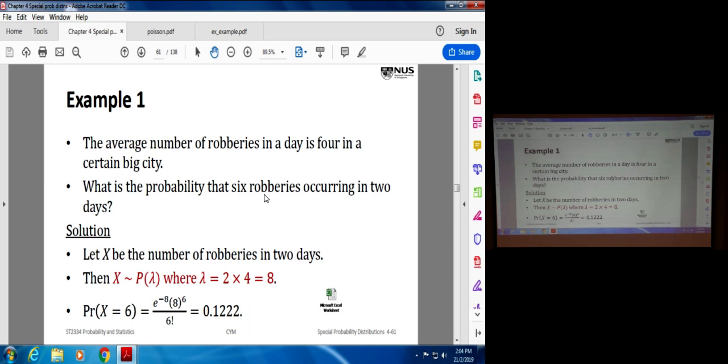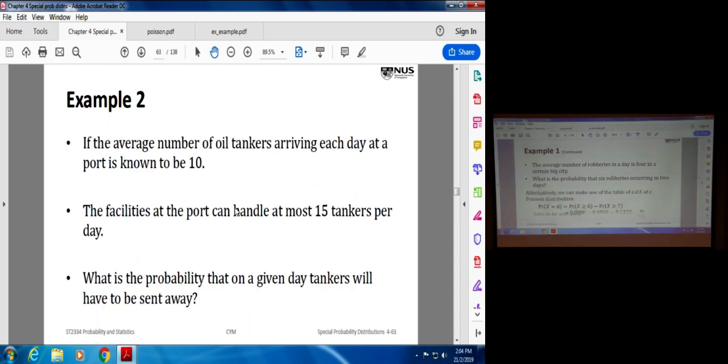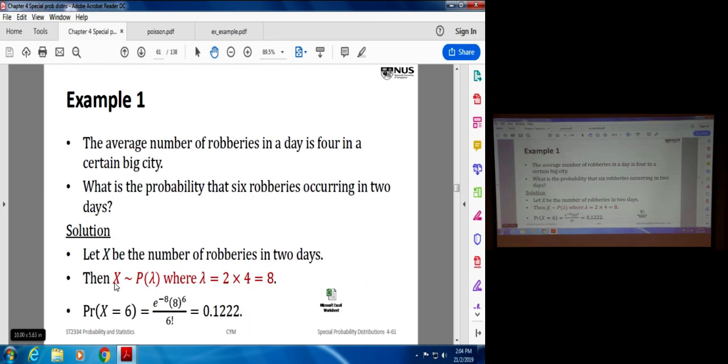We make the assumption that x is a random variable, the number of robberies in 2 days. That's our hypothesis. There are a lot of answers you could do here, but we're going to assume that x is distributed as Poisson with parameter lambda, and lambda, of course, is the expected number of robberies over 2 days, which is 4 times the number of days, 2.